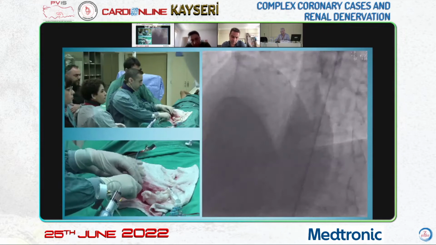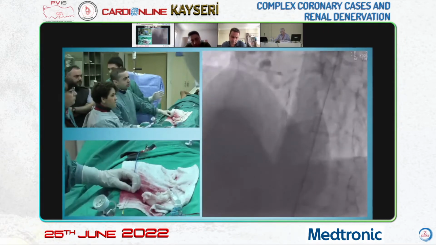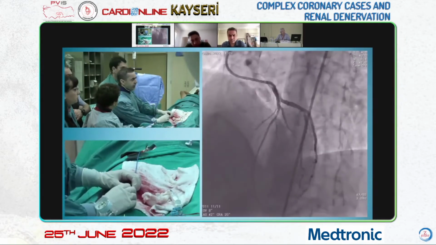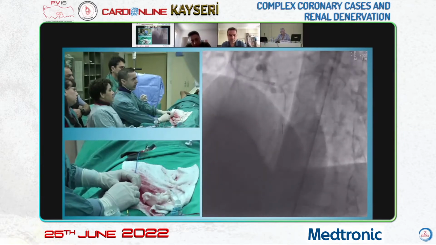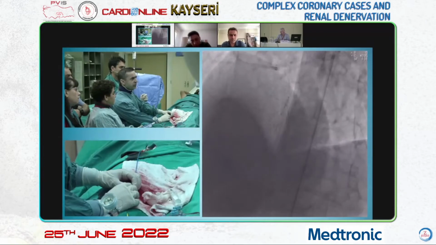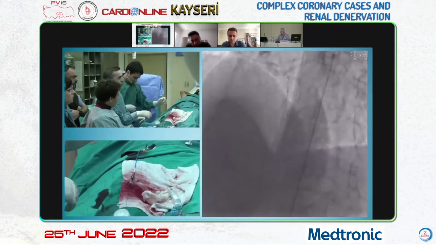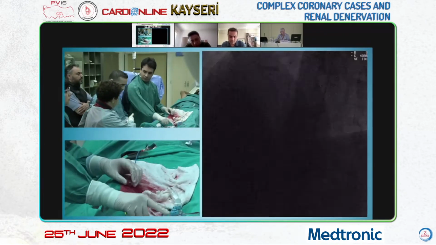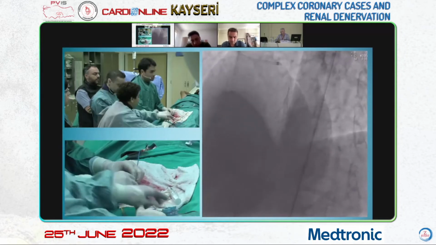There is no need for stenting. The stenting is very effective, so you can say it very clearly. It's a very impressive crossing there. We will close proximal and diagonal.